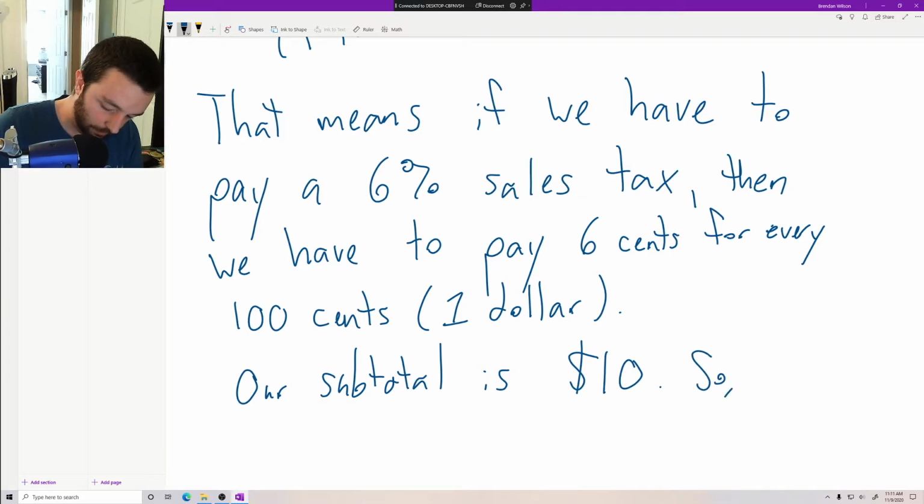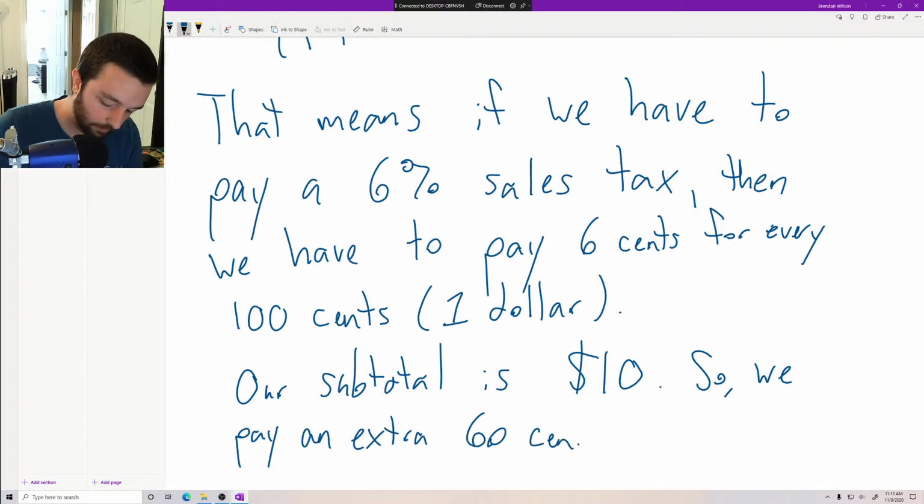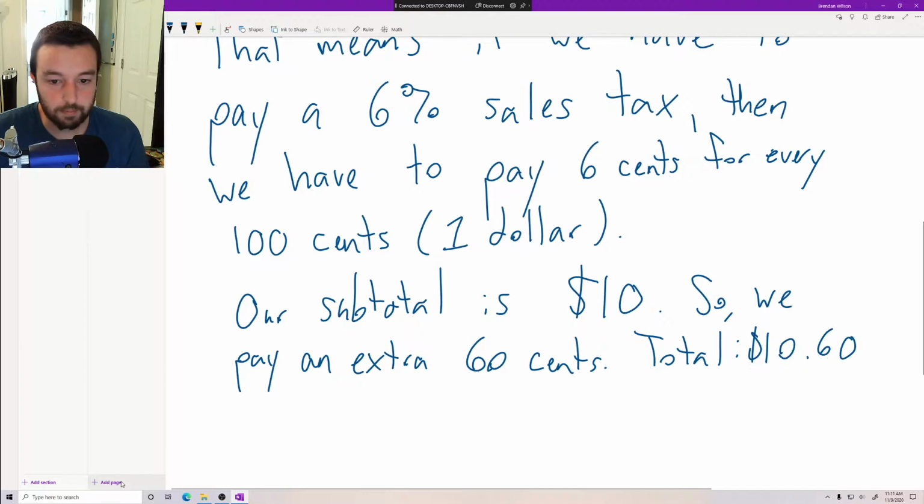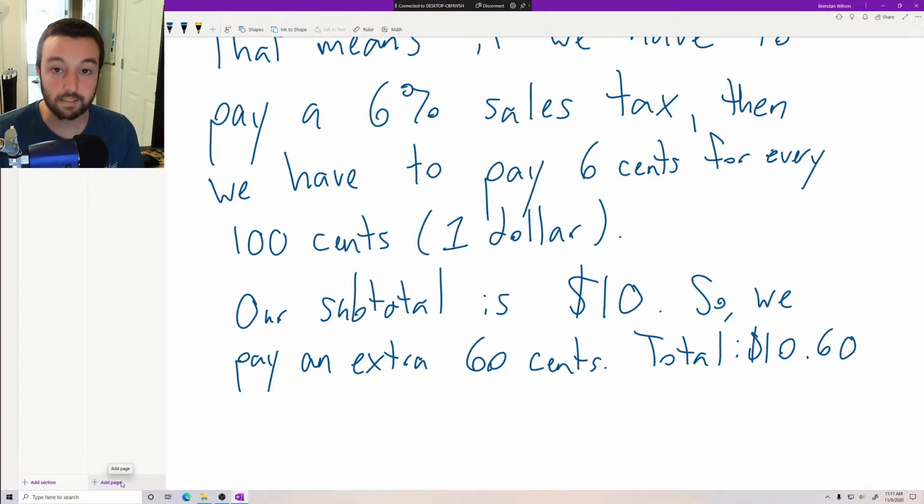So we pay an extra 60 cents. So the total would be $10.60. Okay. Oftentimes, your subtotal is not 10, it's like $9.99 or something, right? So your total comes out to be like $10.59 or something like that.